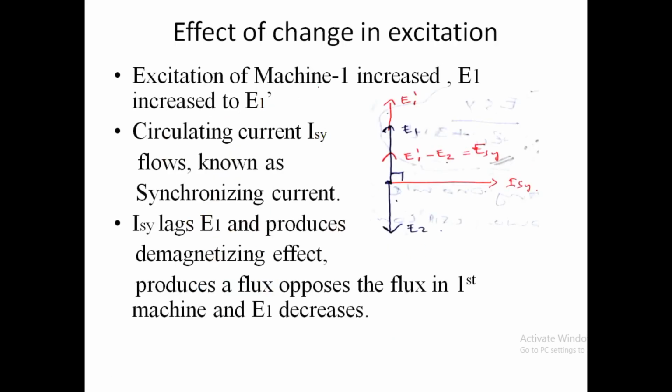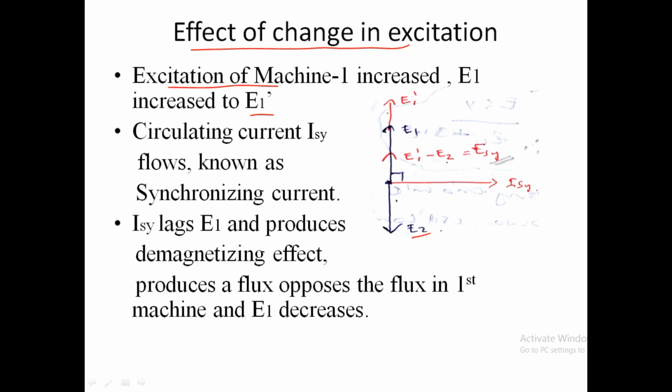Now let us see the effect of a change in excitation. The excitation of the first machine is increased, so E1 becomes E1 dash. There is no change in E2. How can we increase the EMF to E1 dash? We increase the DC excitation.